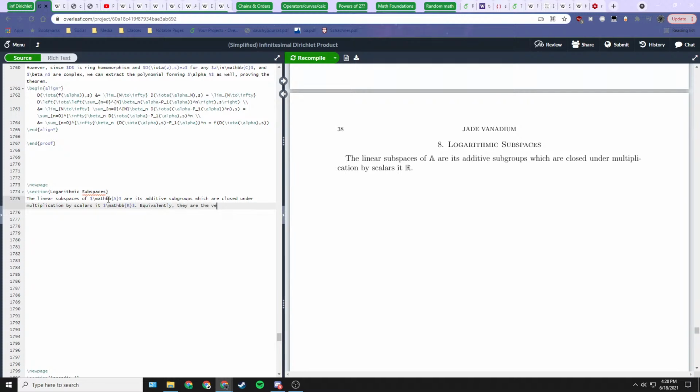Or equivalently, they are the vector subspaces of C to the n when passed through the isomorphism iota.